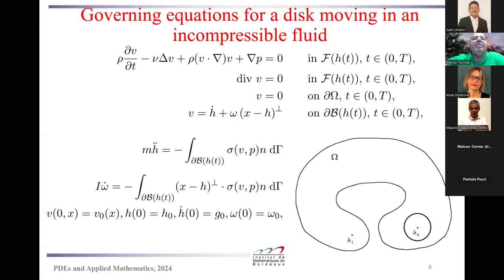So this is a complete system of equations describing the motion of a single rigid body, rigid ball here for simplicity, in a fluid. And as you see, you have this coupling. F, the fluid domain, depends on h of t, but h of t, via, let's say, the fourth equation, depends on the velocity field of the fluid.